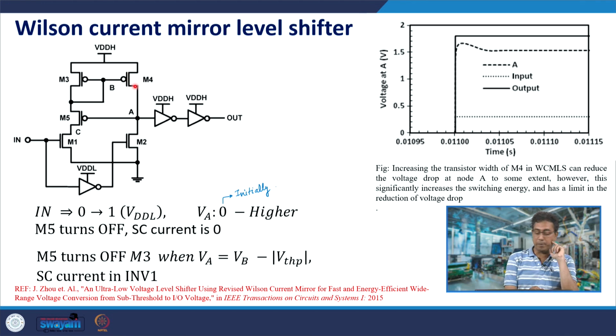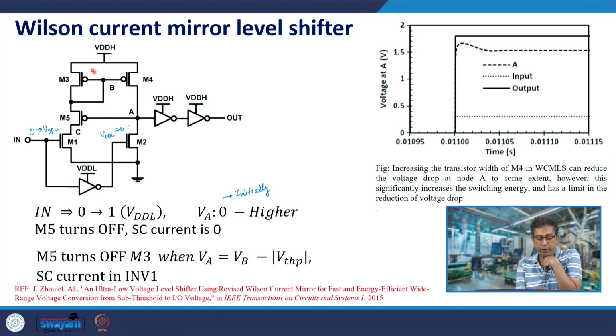So, now M4 would supply current, and that current would charge node A, because M2 is off, input is turning from 0 to VDD-L, the gate of M2 would go to 0. So, A would keep on charging, but once VA reaches higher values, the current through M4 would keep on reducing, and since current through M4 reduces, current through M3 also reduces.